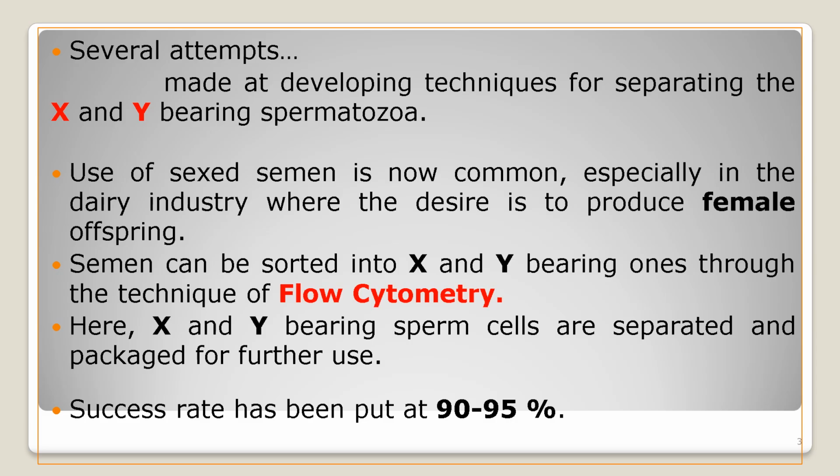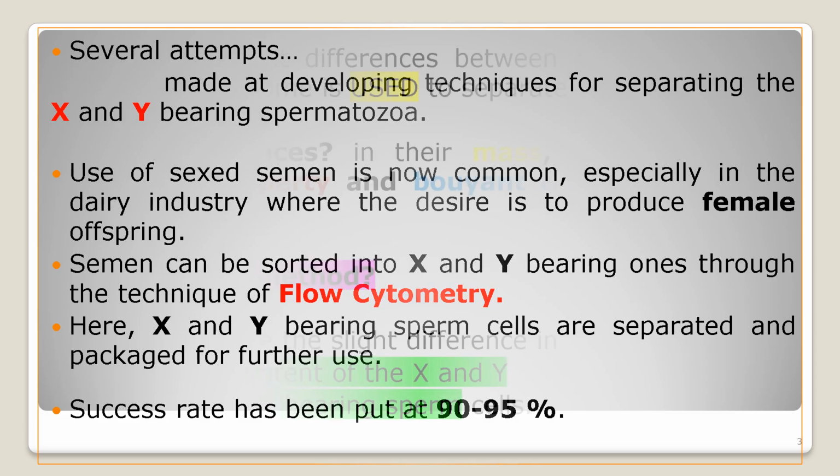Now, semen can be sorted into X and Y bearing ones through a technique known as flow cytometry. Through this method, the X and Y bearing sperm cells are separated and packaged for further use. The success rate has been put at around 90 to 95%, which is quite high and very good.